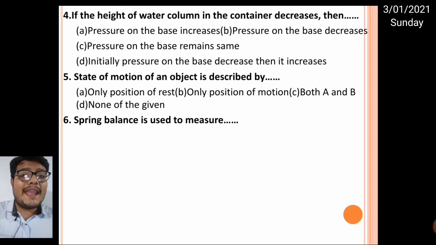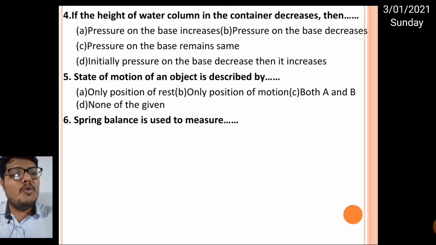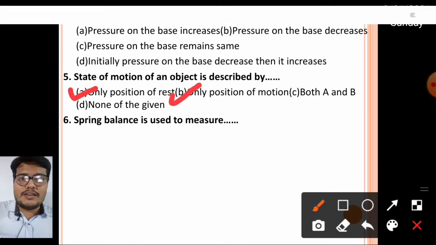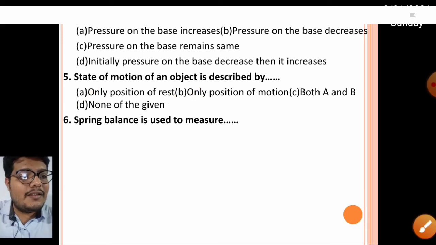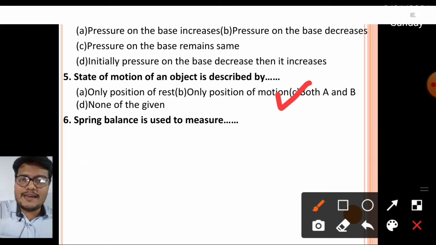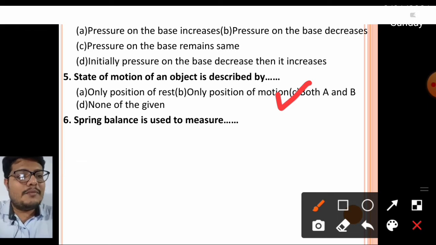C: both A and B. And D: none of the given. Actually you require both things, when the object was at rest and when it comes in motion. So for these two we can select the third one, which says A and B both, right? Okay, so now let's see number 6.